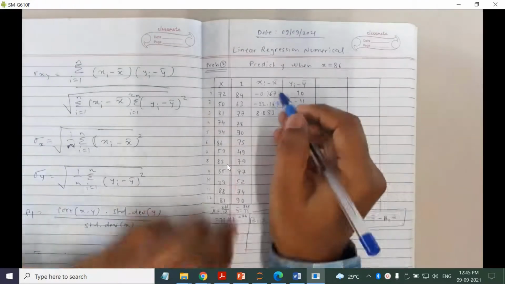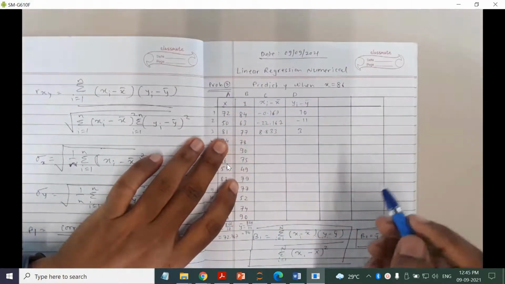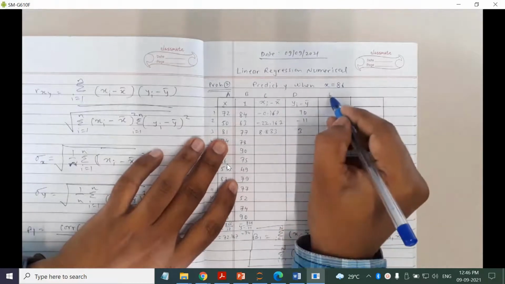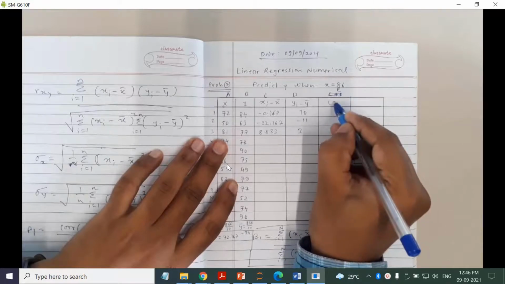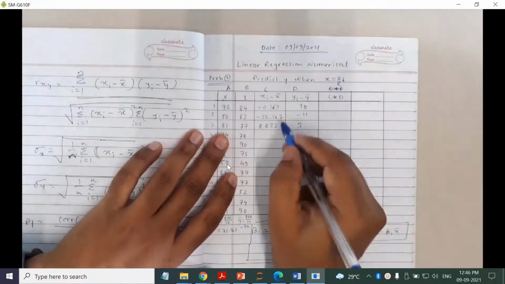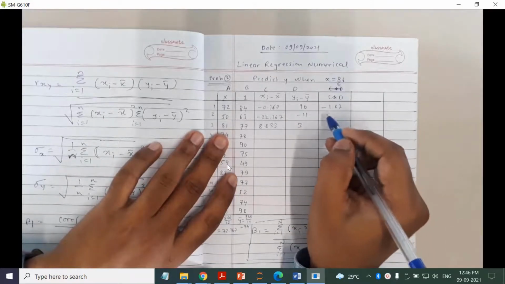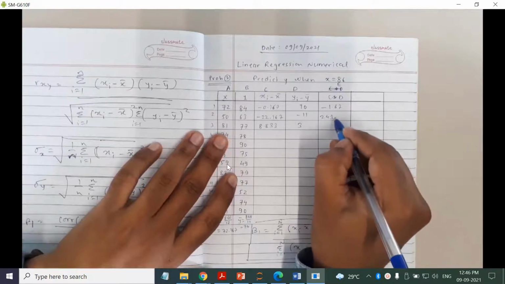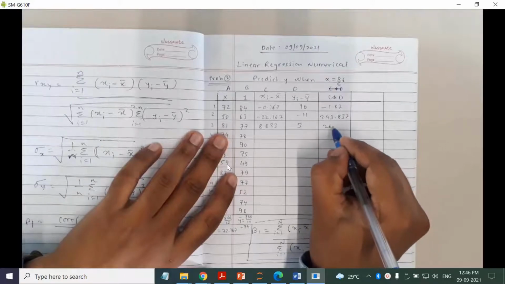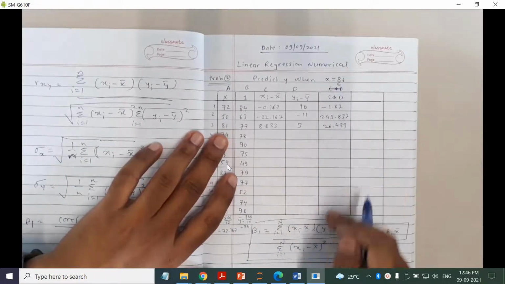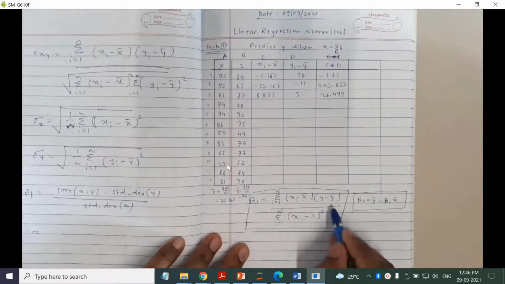Let's call the columns A, B, C, D. We multiply column C into D, which is the E column. So the products would be 1.67, minus 2.43, 8.37, 26.499, and so on.